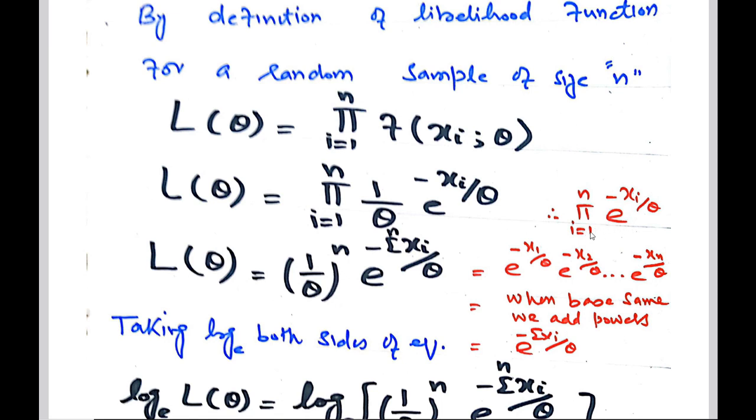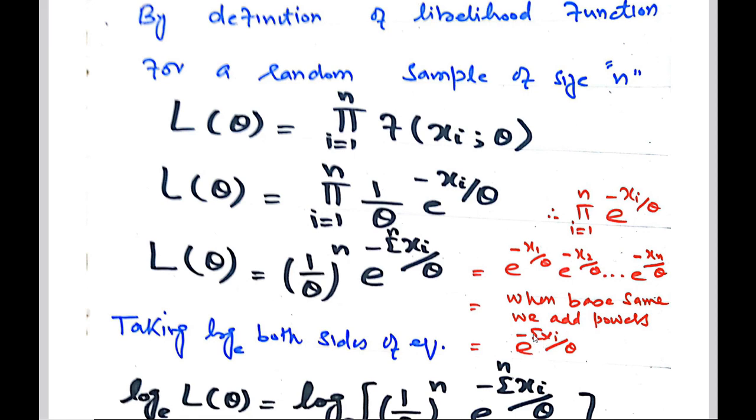See, the product over i from 1 to n of e power minus xi over theta, we write as e power minus x1 over theta dot e power minus x2 over theta, and so on, e power minus xn over theta. In general form, it is e power minus xi over theta. When the base is the same, we add up the powers. So e power minus the sum of xi over theta.